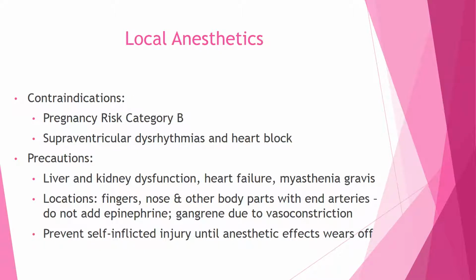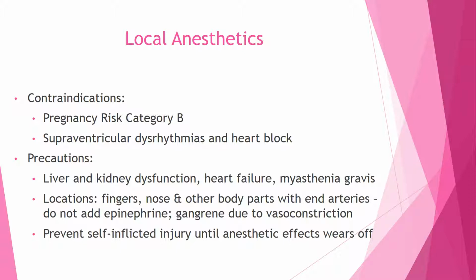Contraindications: pregnancy risk category B, supraventricular dysrhythmias and heart blocks. Precautions: liver and kidney dysfunction, heart failure, myasthenia gravis. Locations: fingers, nose, and other body parts with end arteries. Do not add epinephrine there.